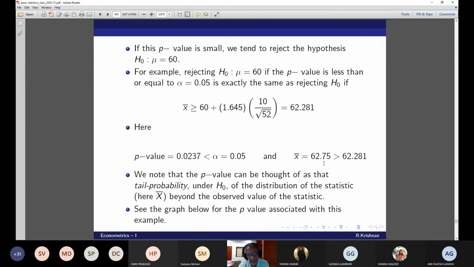For example, rejecting H0, meaning mean equal to 60, if the p-value is less than or equal to 0.05 is exactly the same as rejecting H0 if x bar is greater than the upper limit, 62.281. Here the p-value 0.0237 is less than alpha equal to 0.05, and x bar 62.75 is greater than 62.281.